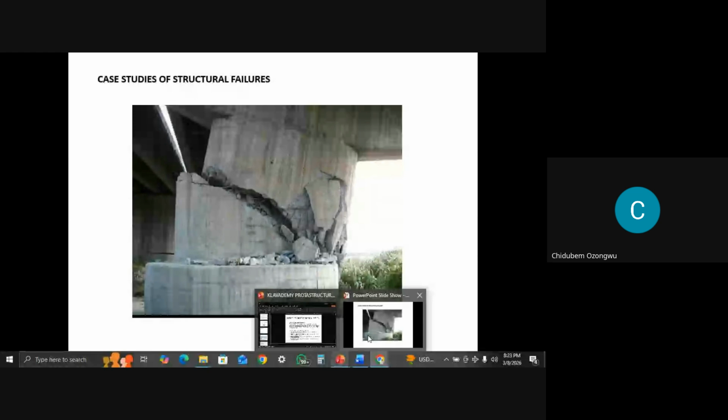This is my own view. I know that a bridge is different from a residential building, so it might not apply here. But in the case of a building, by using hydraulic jacks, you can remedy the issue.